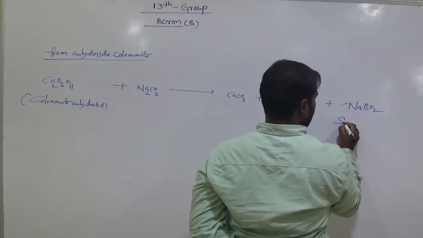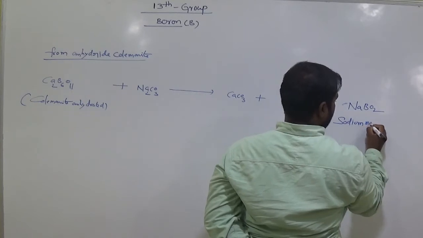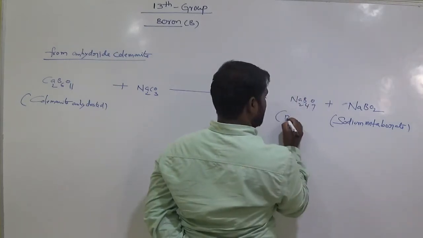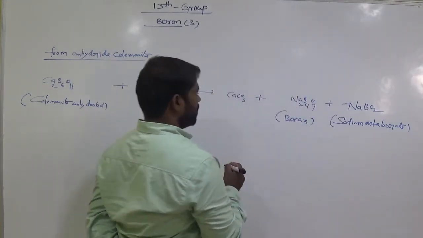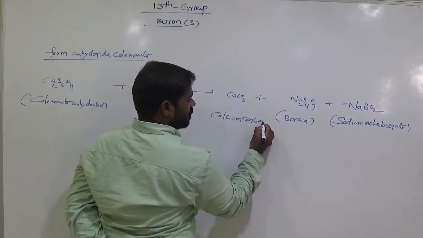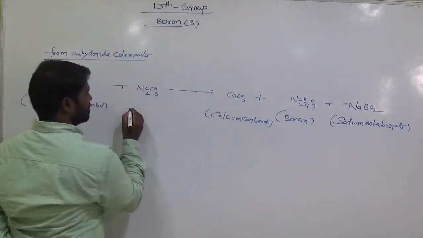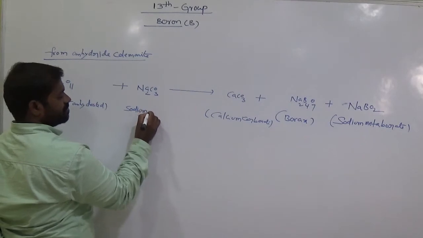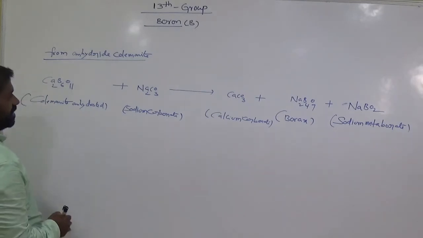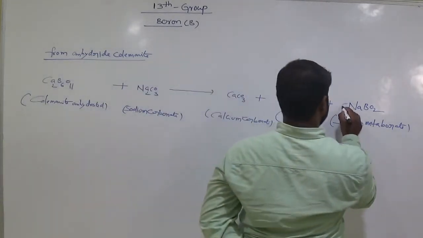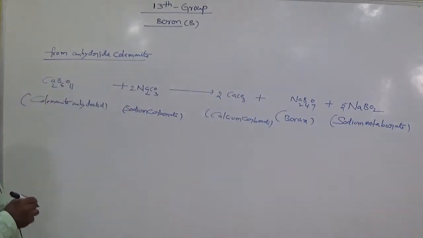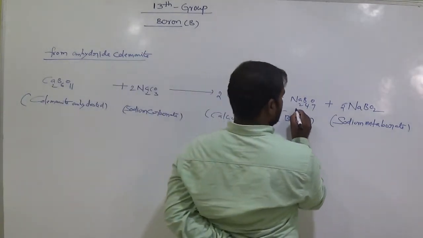We call it sodium metaborate. This is, you know very well, borax. Calcium carbonate. Clear. This is sodium carbonate. Is it clear, students, up to sodium carbonate? So balance this equation here. This is 2 here, this is 2 and this is 2. These are the important compounds here.